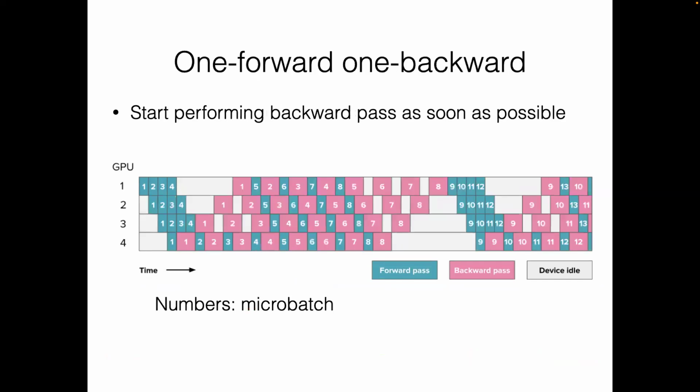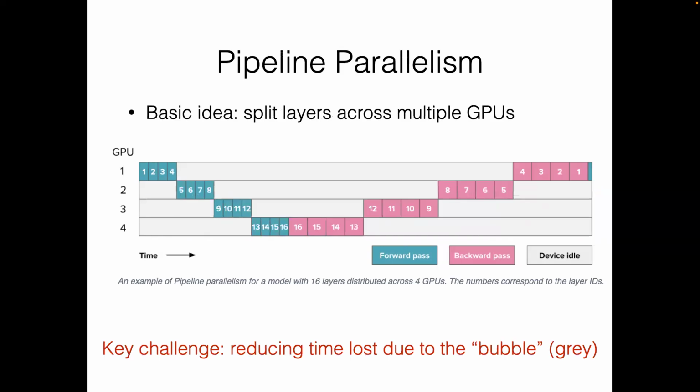There are a few different methods, and each one can get nuanced, but let me at least give you a sense. Here, this one's called one forward, one backward. The first time I saw this, I wondered how you could actually do better than this.